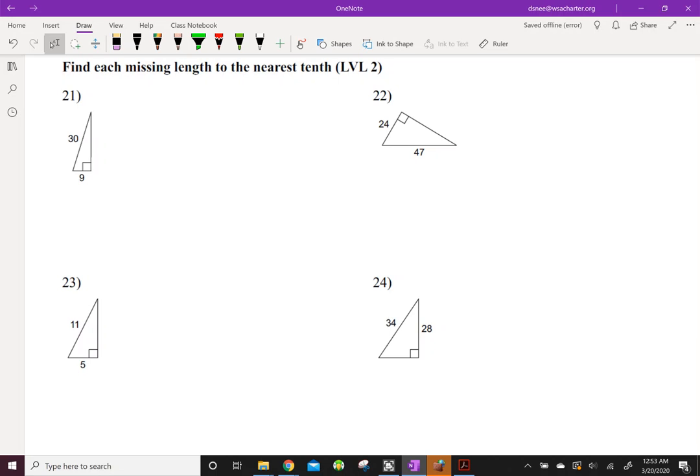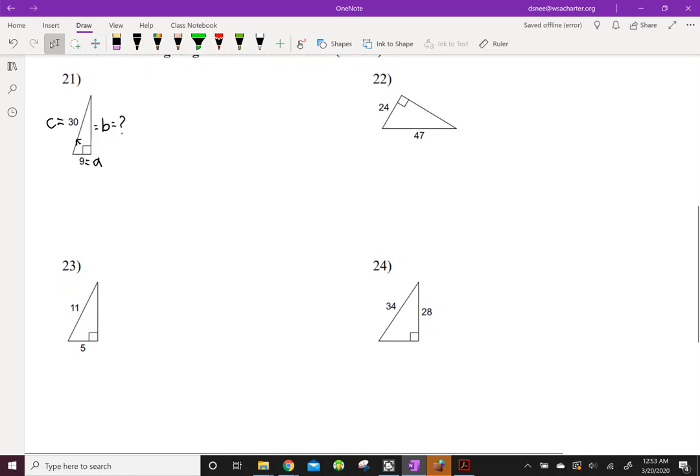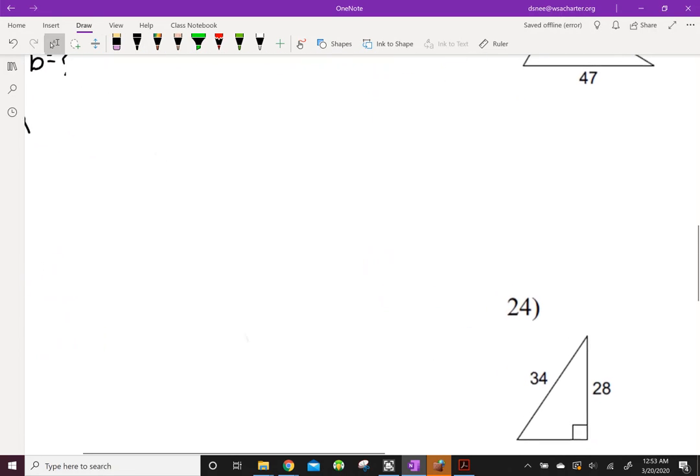So with this one, we've already got the hypotenuse, the long side, the side opposite of the right angle, already given. And so we'll call this side A, and we'll call this side B, which we don't know what it is. All right, I'm going to zoom in a little bit here.